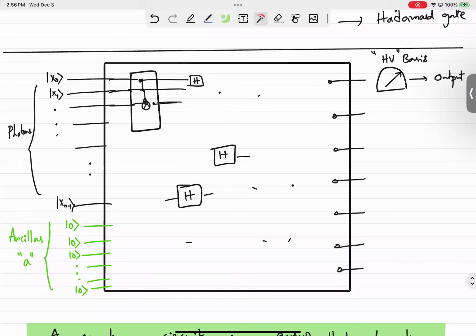That's a good picture to have in mind. Even if the gates are operating on completely different inputs, just imagine applying the first gate and then the second gate. Just because one is only operating on the first bit and one is only operating on the last bit doesn't mean that I can put them at the same time. Okay, that can lead to some weirdness because of superpositions and so on. So you should put them one after the other.